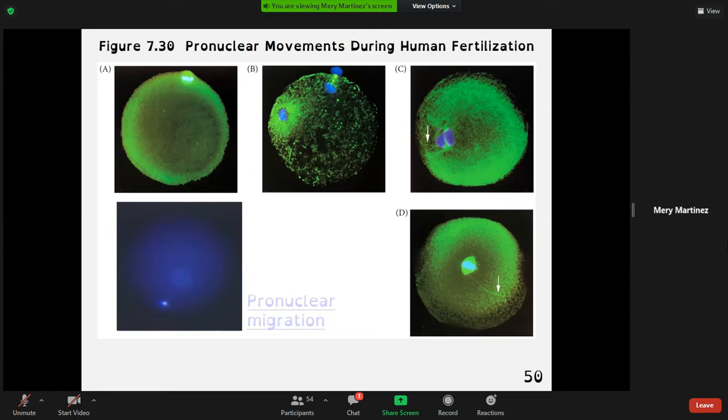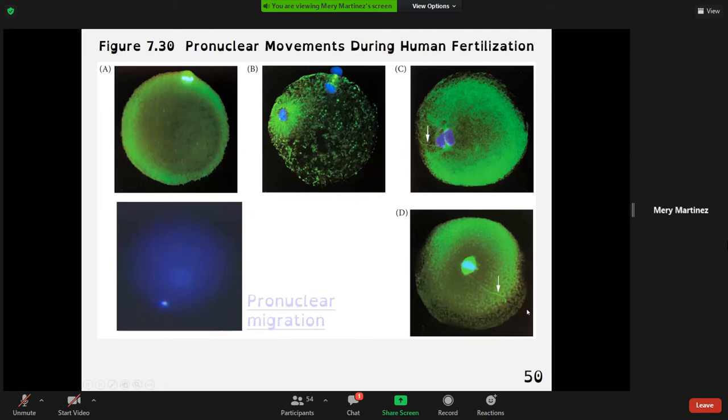In D, in this one here, a mitotic spindle appears. Okay, so this is the mitotic prophase. We see it right there. The sperm-derived and the egg-derived chromosomes condense separately. We don't see it too well, but they do. Okay, and we still see a little bit of the tail right there that continues to disintegrate.